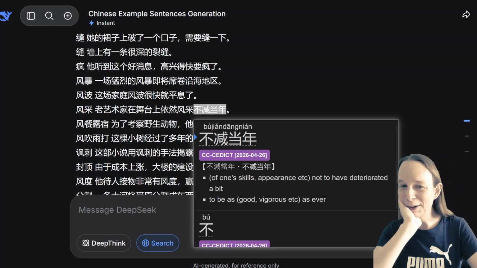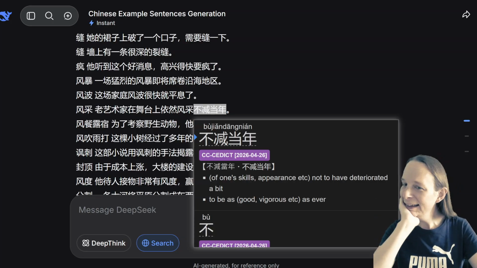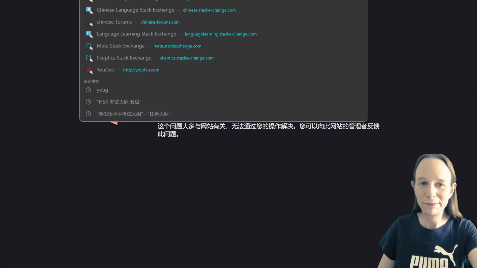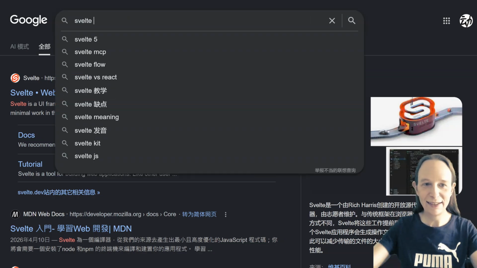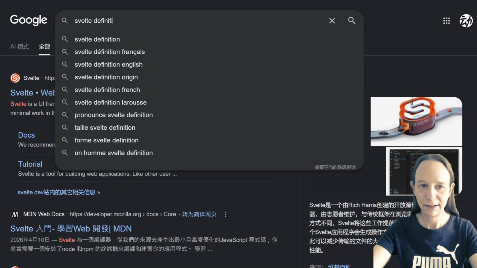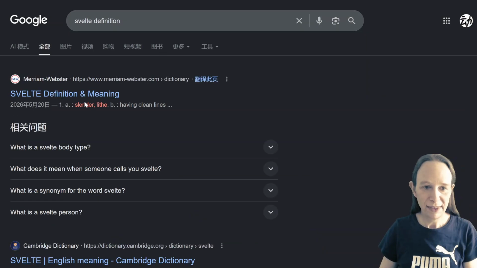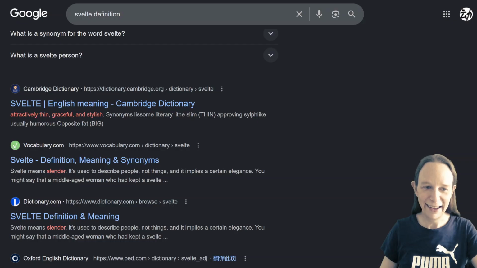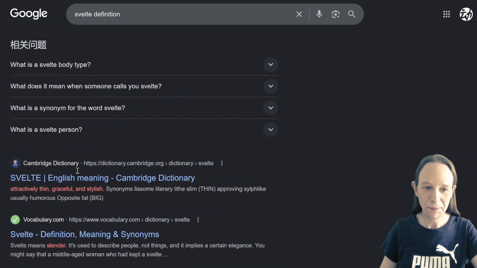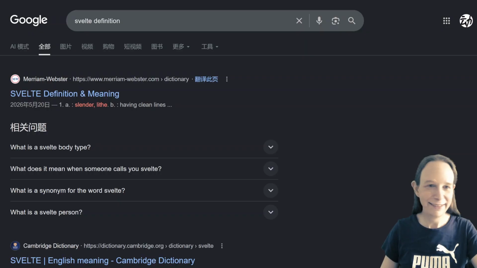Certainly, as people get old, they are less physically capable. Okay. So apparently this is a word. Slender. What language is this? Attractively thin, graceful, and stylish. All right. Slender. Okay. Is this an English word?